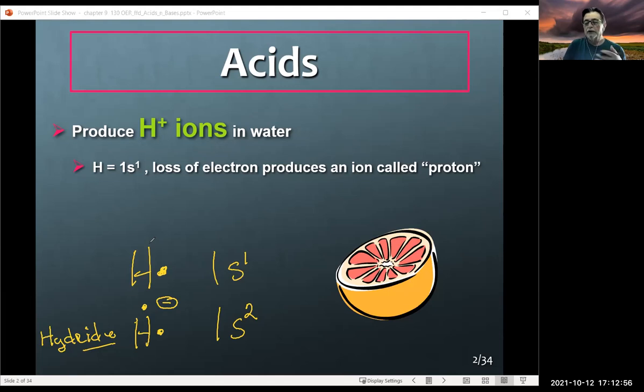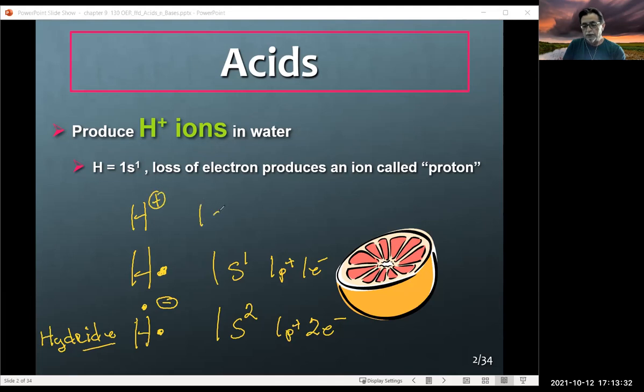Now, the other aspect of the hydrogen atom is that it has 1 valence electron. Here we have 1 proton and 2 electrons, net negative. In the case of the element, we have 1 proton plus 1 electron, net 0 charge. That 1 valence electron, like the other metals in group 1, can be lost, and when it does that, it has a positive charge.